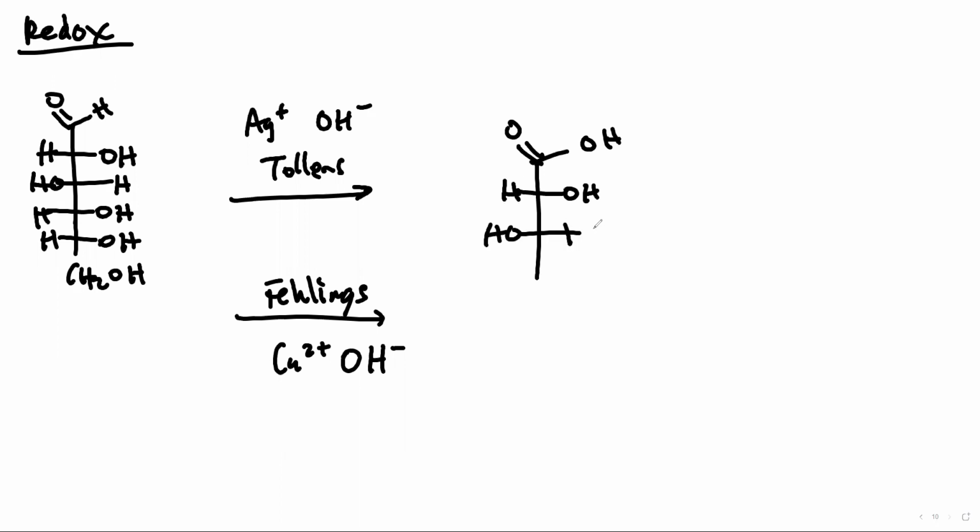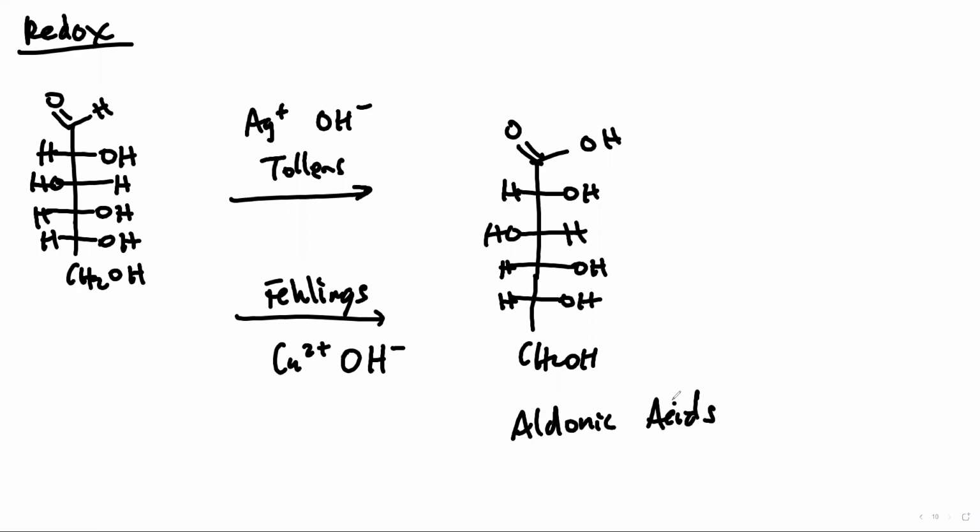Okay. So these tests, you don't need to know how. That's a bit of the complicated stuff that you don't need to worry about. But the point is that in these basic metal solutions, aldoses will oxidize into carboxylic acids, or what we call aldonic acids.